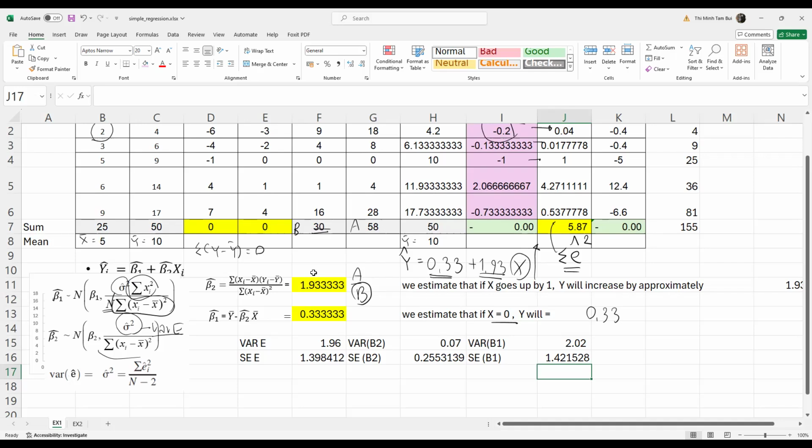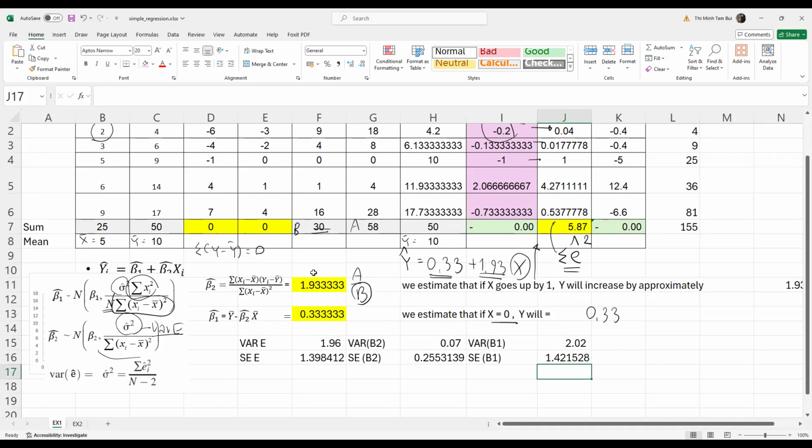Later in the next week, this number will become important. Standard error of beta, we will use it to check whether your model is reliable or not.